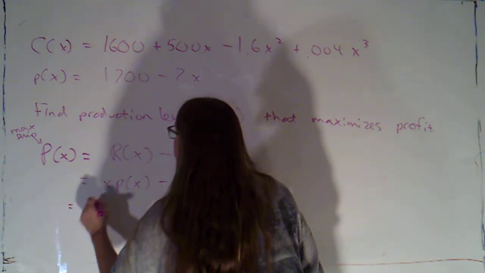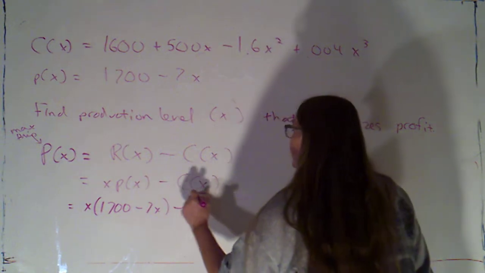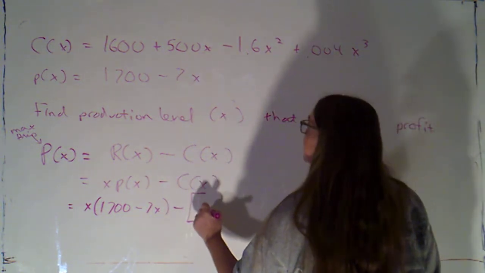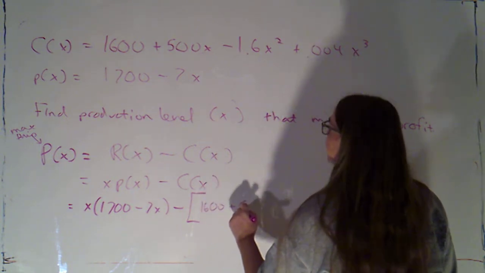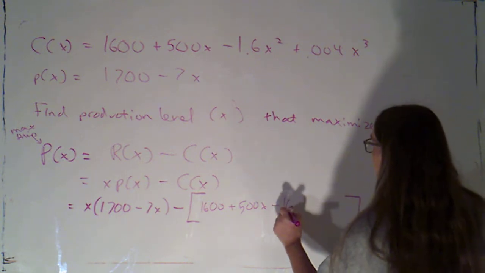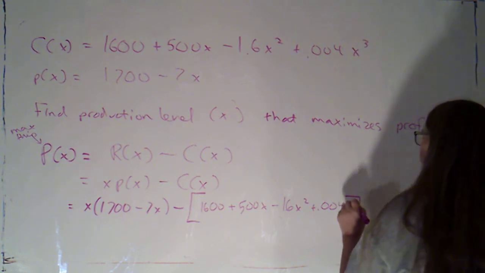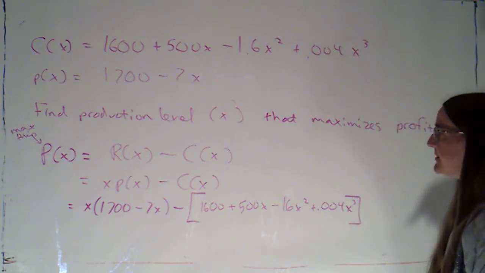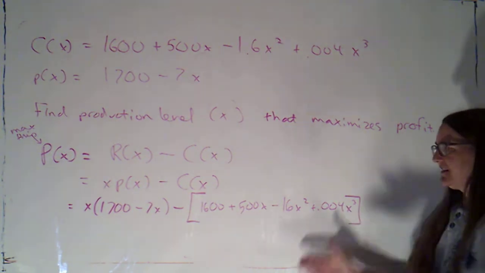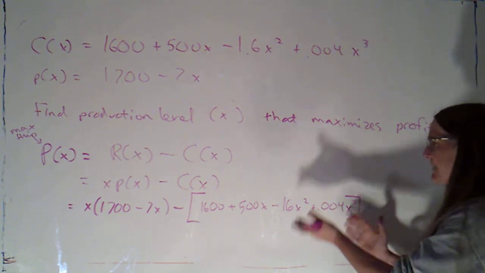So this is going to be x times 1700 minus 7x minus, in brackets, because I'm going to subtract that whole thing, 1600 plus 500x minus 1.6x squared plus 0.004x cubed. Okay. All right, now one thing that's nice about this, that's the thing I want to maximize, and I don't have a constraint.